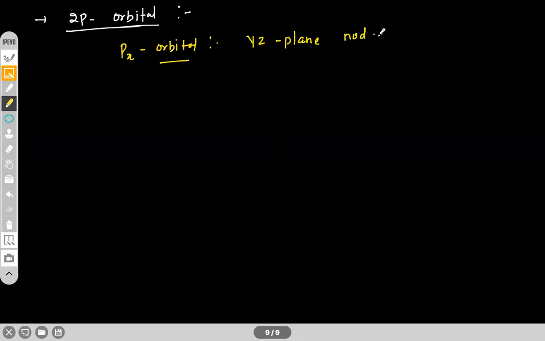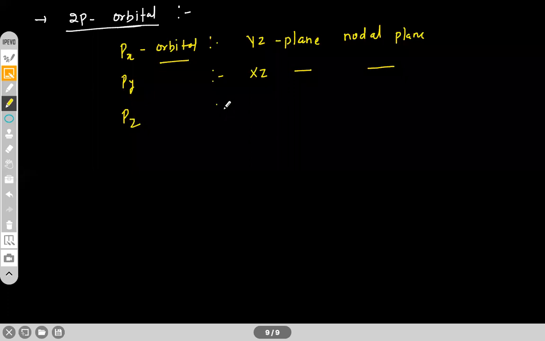For the px orbital, the nodal plane would be the plane perpendicular to x, that is the yz plane. We always take the perpendicular plane as the nodal plane. For py, the xz plane is the nodal plane. For pz, the xy plane is the nodal plane.